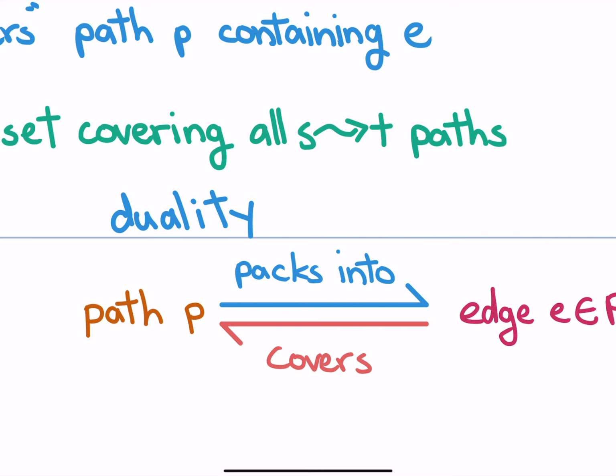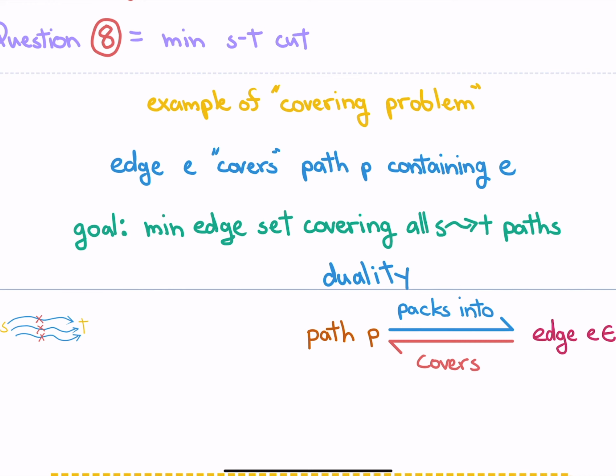In the ST cut problem, I'm taking edges to cover all of the ST paths. So there's actually quite a lot of symmetry between these problems. They feel like two sides of the same coin. A packs into B, and B covers A. Give me the most A that packs into B. Give me the least B that covers A. So that's a kind of standard packing-covering setup.